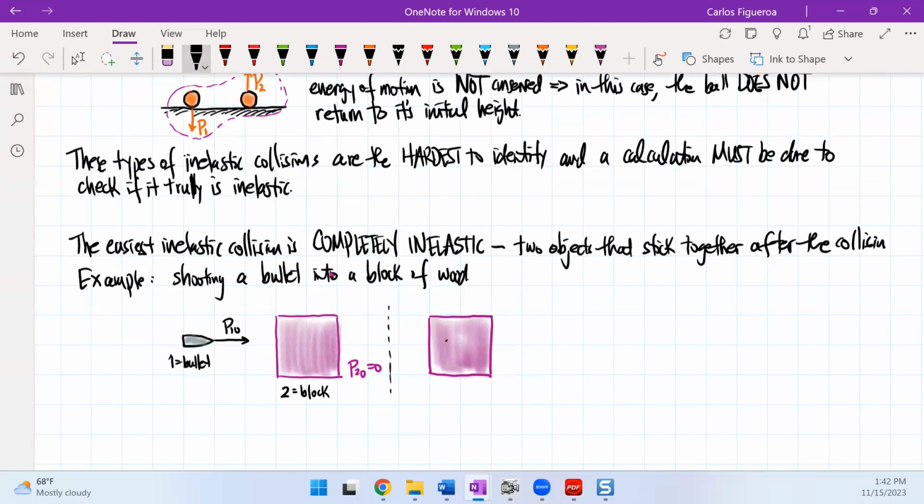And as it embeds itself into the block, we know here that this now moves off with some final momentum that includes the mass of the bullet plus the mass of the block, but it has some final speed going to the right. In this situation, momentum is conserved.